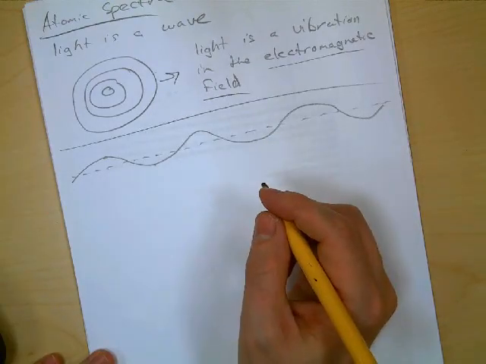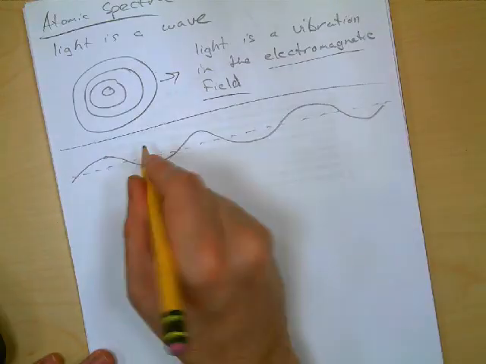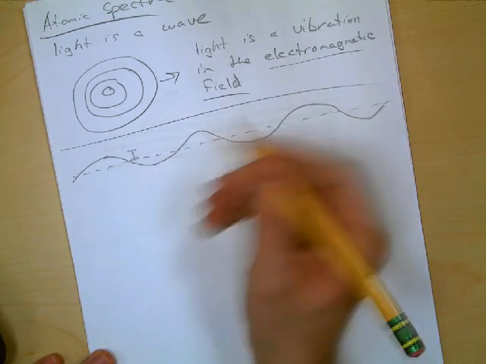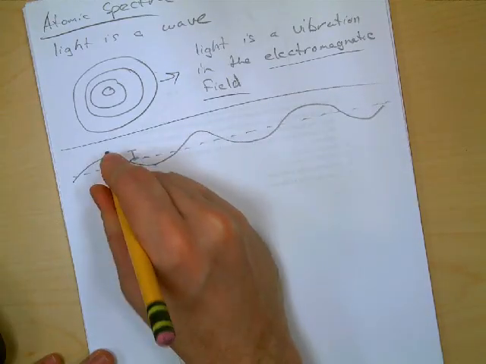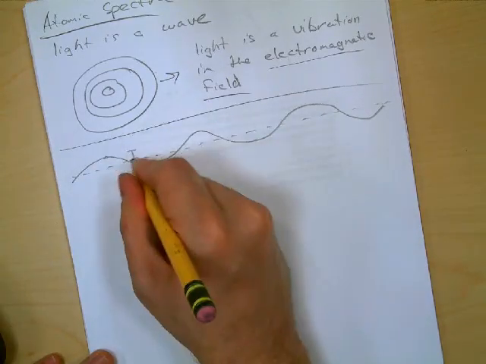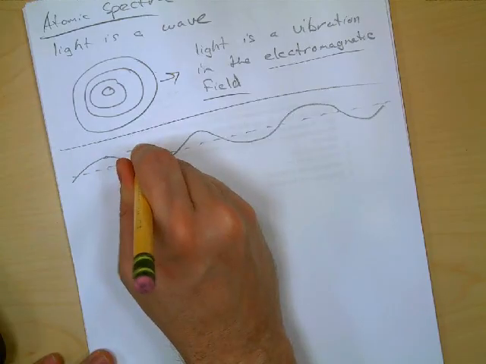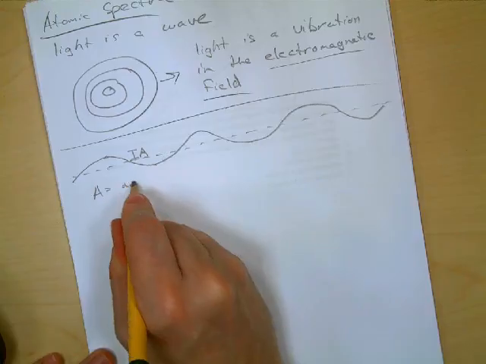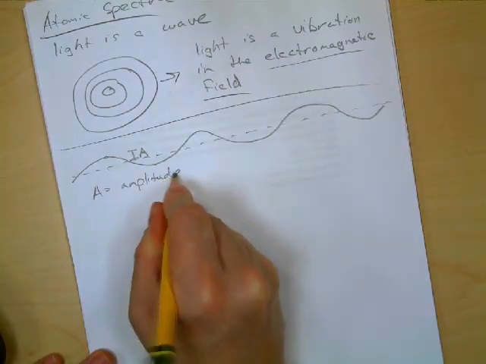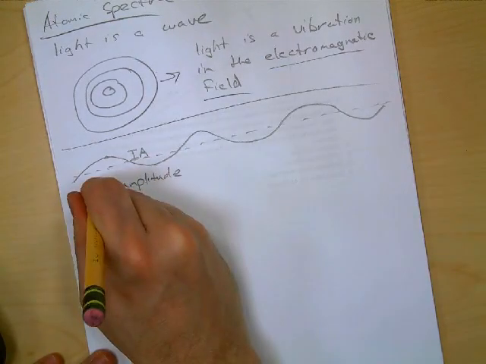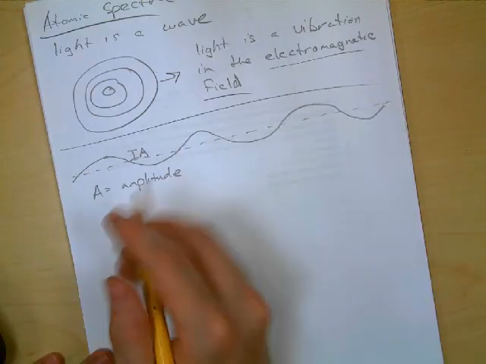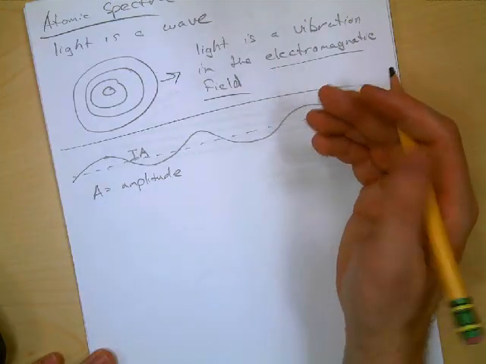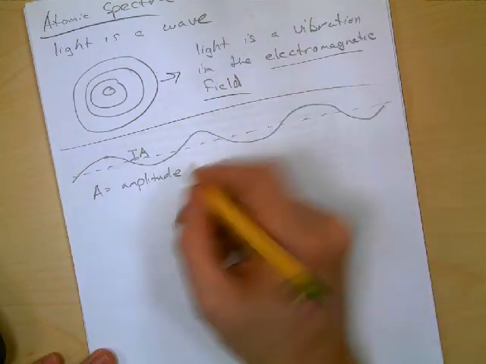And so we're going to identify a couple pieces of this wave. For instance, chemists find it useful to talk about the distance, how tall this wave is above that dashed line. And they use a special word. They use the letter A, and A refers to the amplitude of the wave. Now, we won't go too deep into wave functions here, but the amplitude is, for your purposes, related to the energy the wave carries.